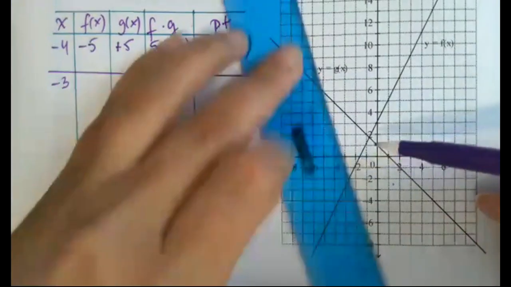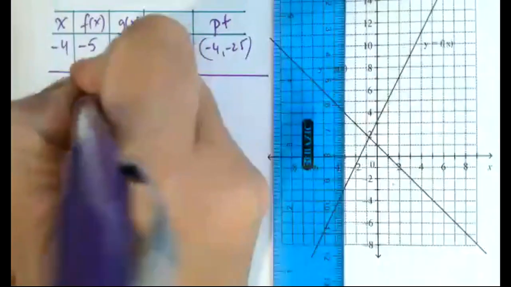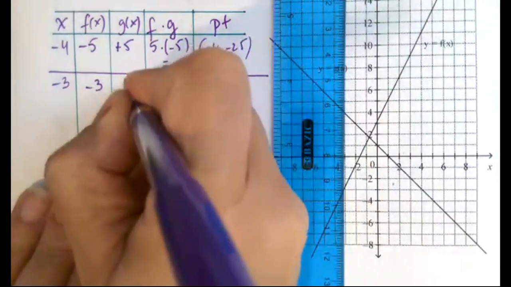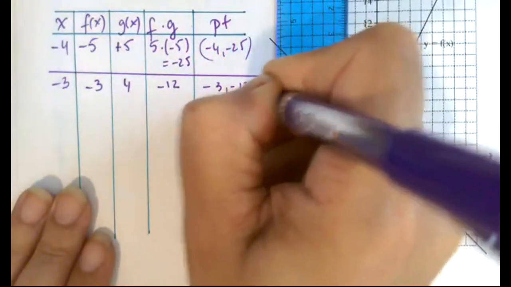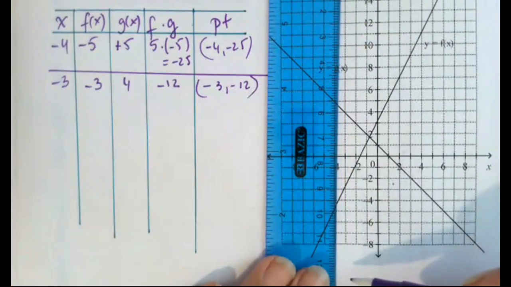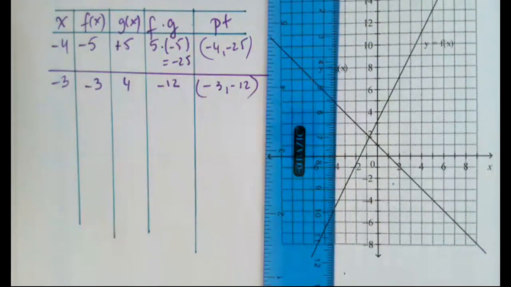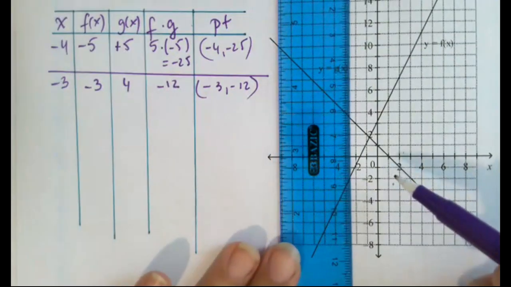So f of x at -3 is -3 and g of x at -3 is 4. -3 times 4 is -12. So -3, -12. Can we fit -12? Well, this one is a bit closer, so I could put it somewhere here, approximately there. But I still should move further to the right.